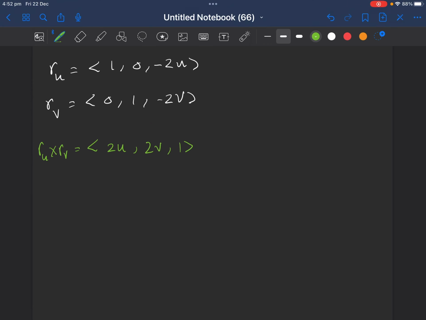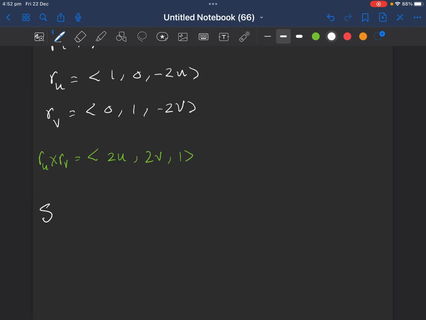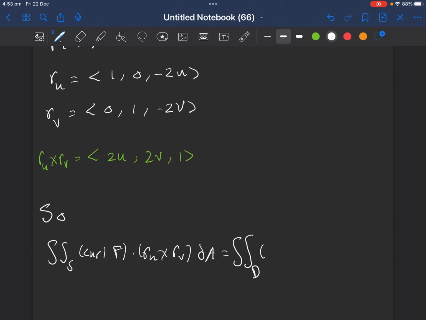So the double integral over S of curl of f dot RU cross RV dA. This would be just a double integral. Now for the curl of f, it is negative 3 plus 2y, and we multiply it by the second component, which is 2v.